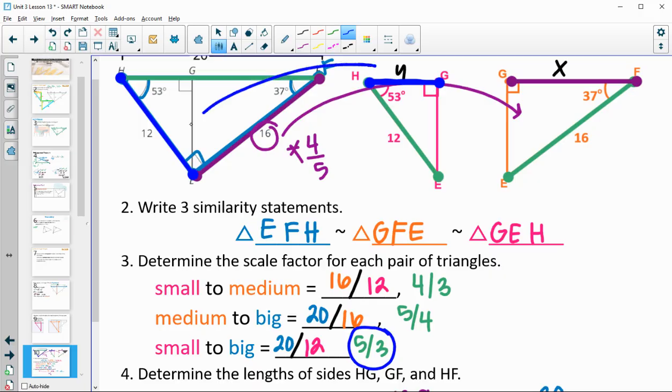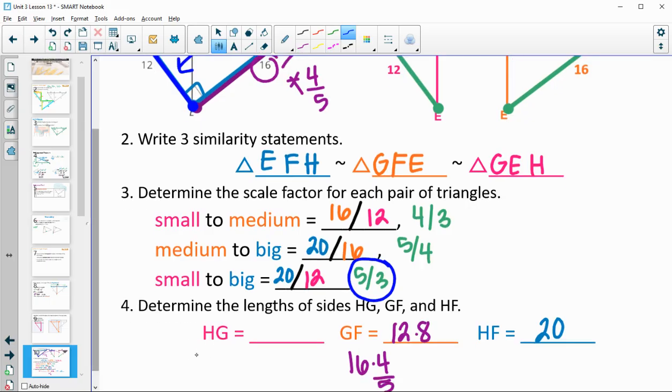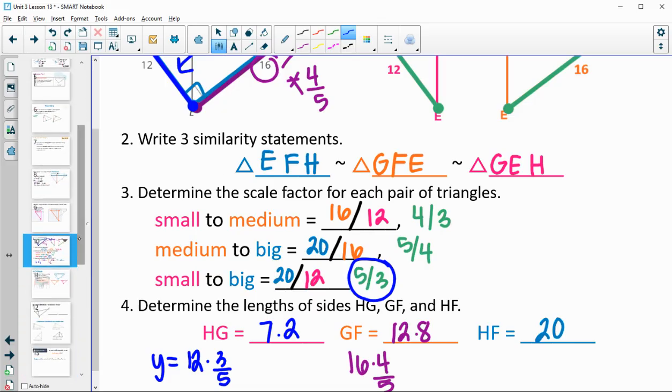So the backwards version is just flipping this. To find y, or HG, we would do 12 times 3/5 if we're going the opposite direction. And 12 times 3/5 gives us 7.2 for the length of that segment.